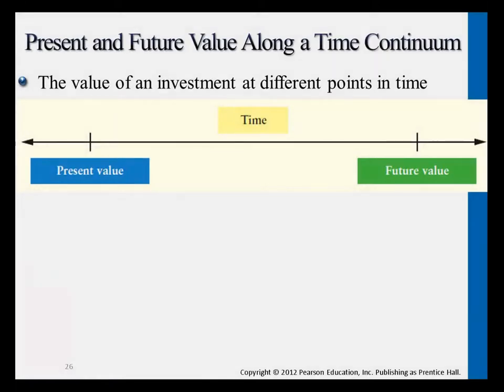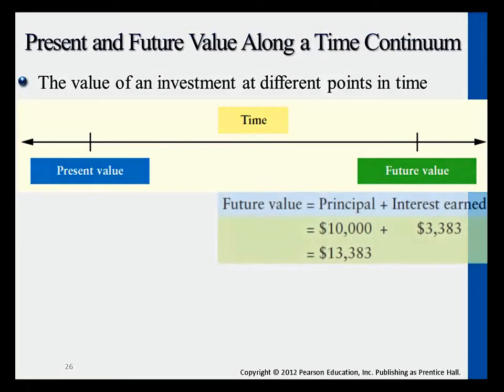So here is another good illustration for you to understand the difference between the present and future value. Let's say right now we're right there where it says present value. This is our timeline, and somewhere in the future we have some future value. How do we calculate this?